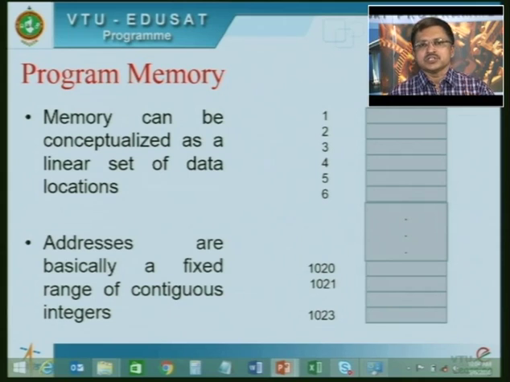The highest address in most practical machines is a power of 2. So 2 to the power of 10 is 1024, which we generally call 1 kilobyte. That is the block of storage that you see on the right hand side. So the numbers 1, 2, 3 and so on up to the highest address are what we call addresses.